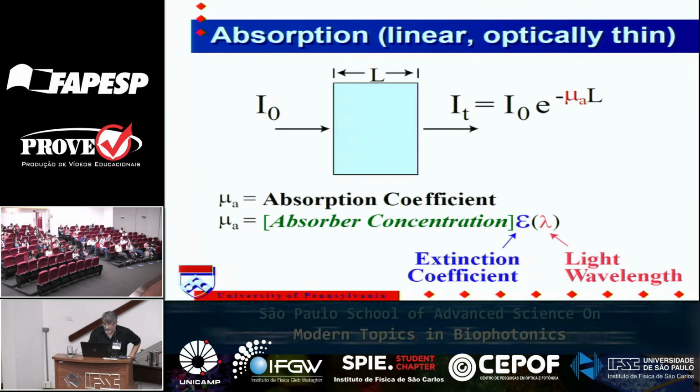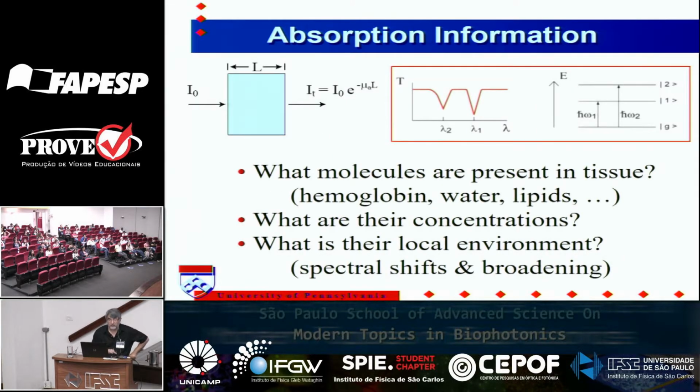So this very simple measurement is very powerful because it can tell us what molecules are present in tissue. It can tell us something about, if we do it right, what the concentrations are. And even in principle, it can tell you something about their local environment through the way the spectra shift or broaden. Okay, so that's the simplest and most important class of measurement, I think.